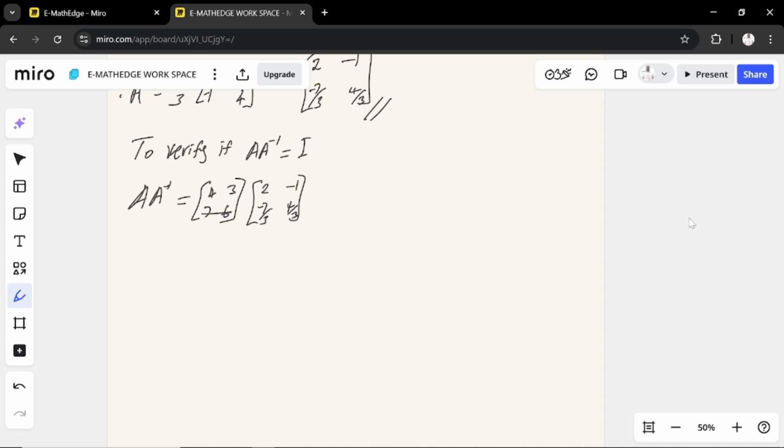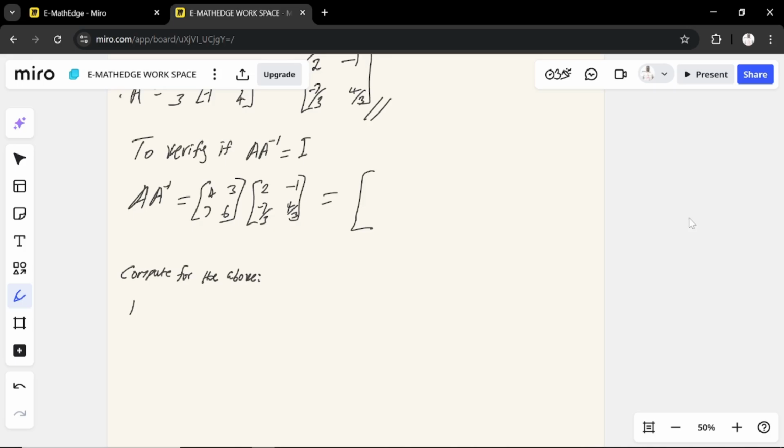Second row multiplying first column to obtain the element in the second row, first column. Second row multiplying second column to obtain the element in the second row and second column. So let's go ahead and do that quickly.